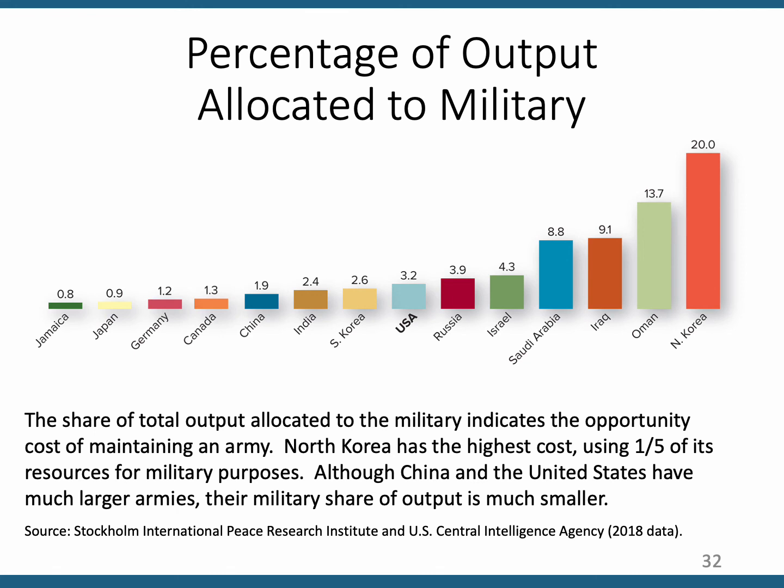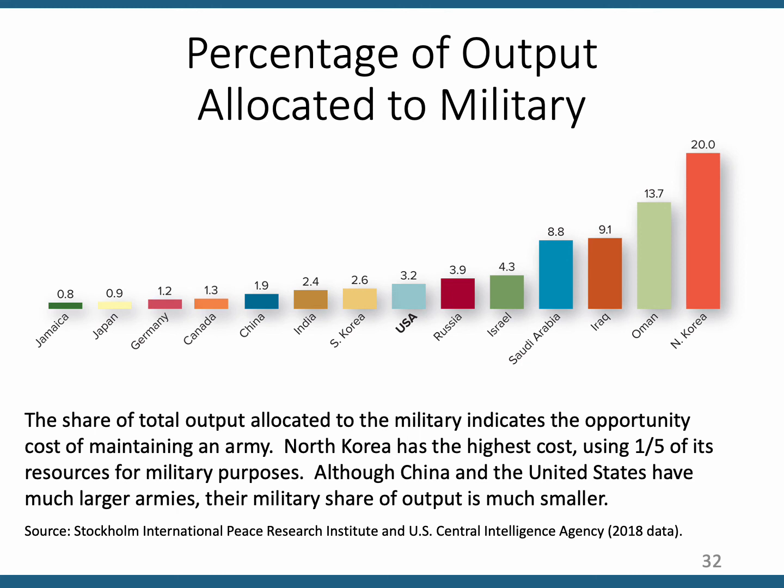This is just another illustration of, in various countries, what percentage of their economy the military comprises. And North Korea, far and away, is the most. And you can see in the U.S., only 3.2% of what we produce in our economy is military goods and services.